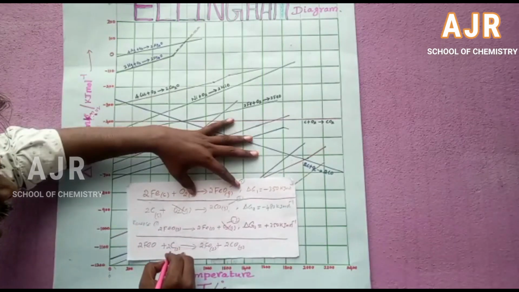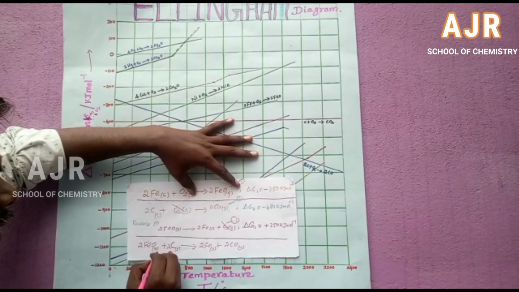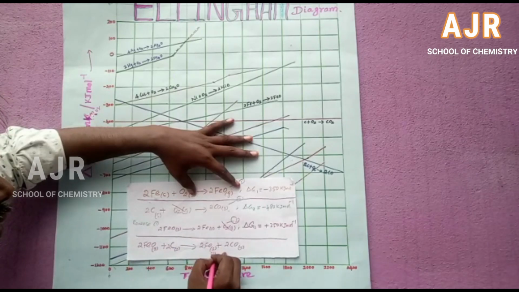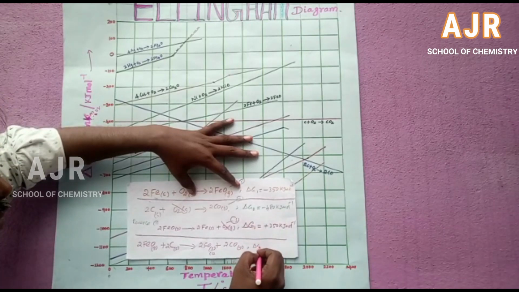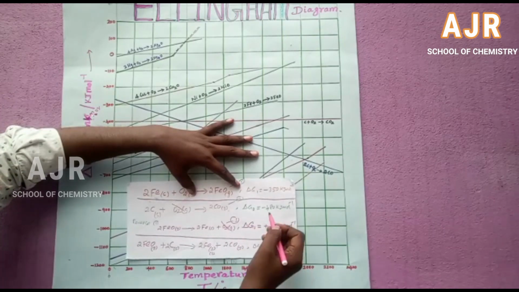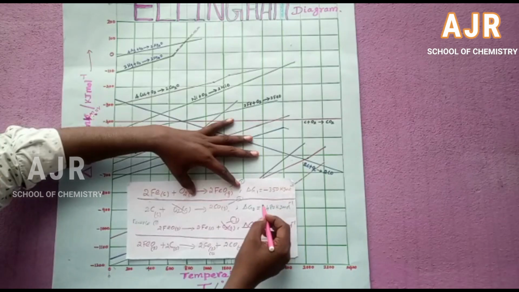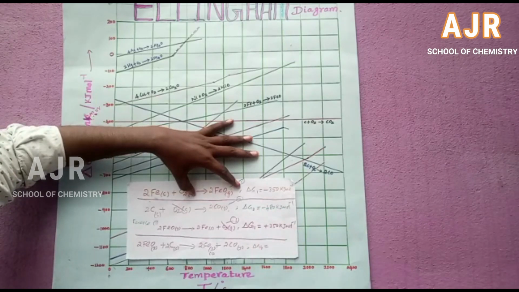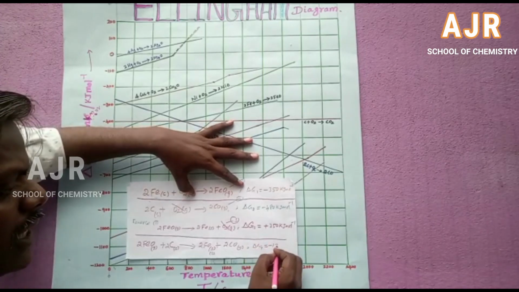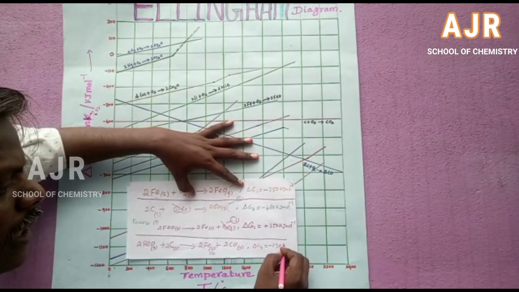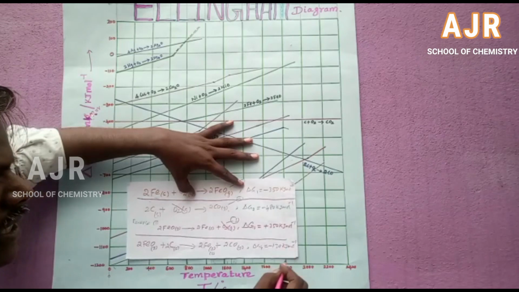This is solid and this is gas, and this could be a liquid also. Now the delta G value will be, minus 480 is the higher value, so if you combine them, you will get minus 130 kilojoule per mole.